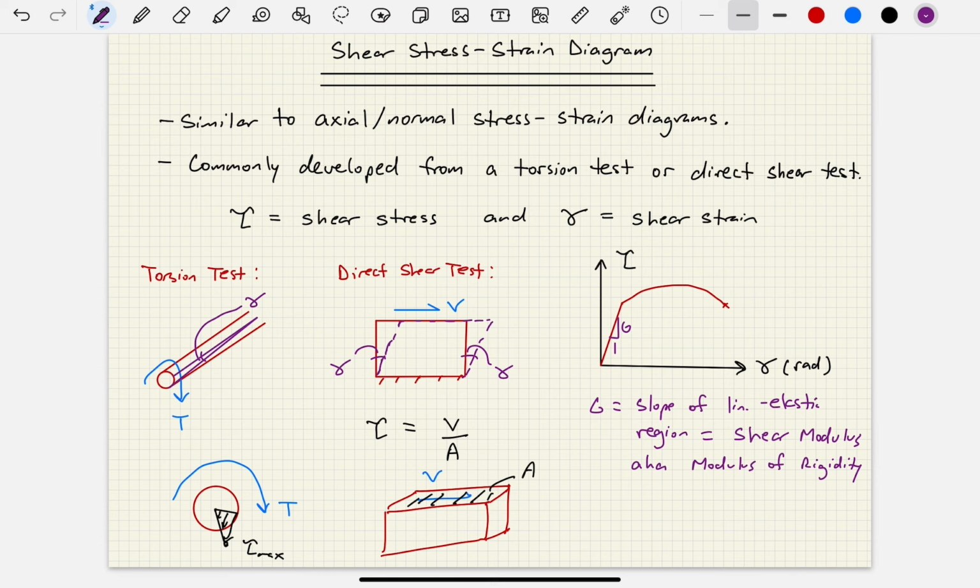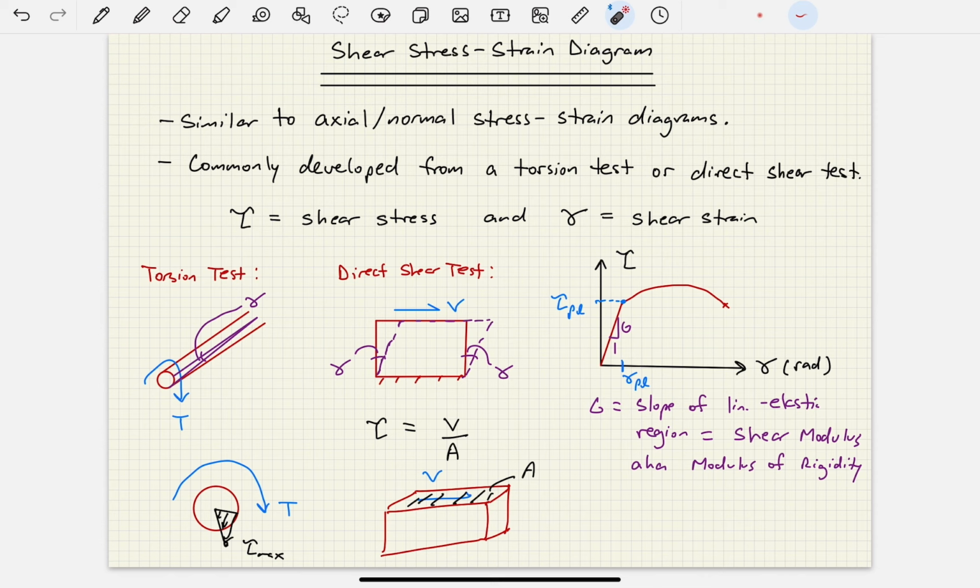Some other important things to note here, okay? Here at the end of this linear elastic region, you're going to have a proportional limit shear stress and a proportional limit shear strain. So we have tau proportional limit and we have gamma proportional limit, okay? Now, here is one of the key differences, and we're going to list this out here in a minute.